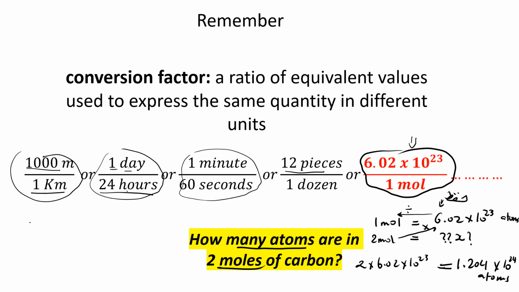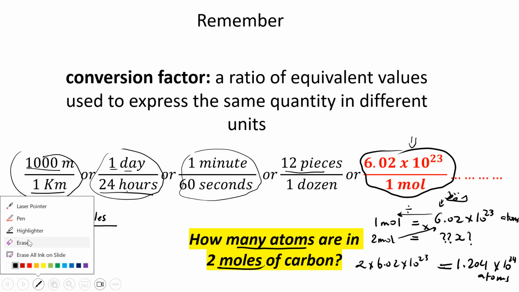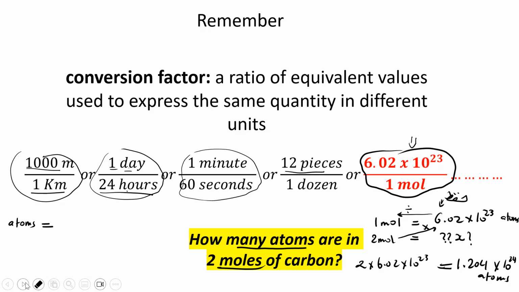So basically, if you want the number of atoms, it will be equal to moles. If cross multiplication is difficult for you, the number of atoms is going to be equal to moles times 6.02 times 10 to the power 23.